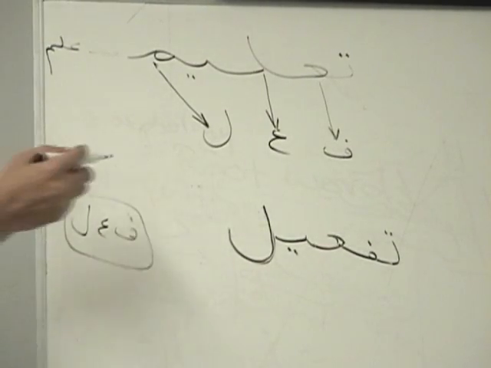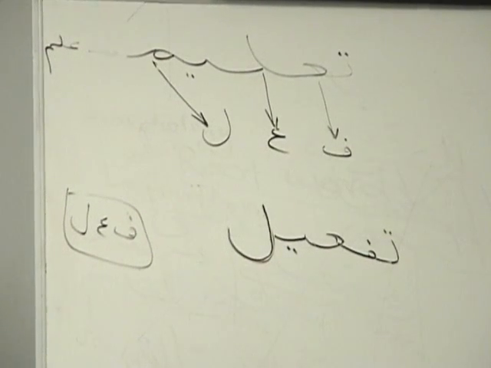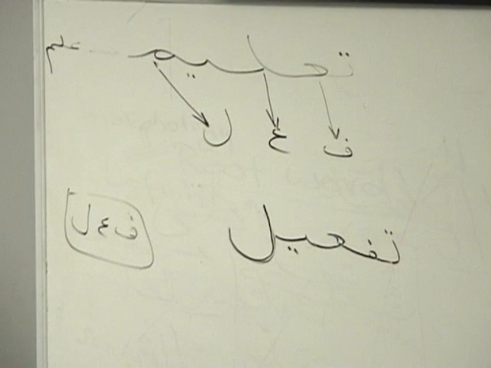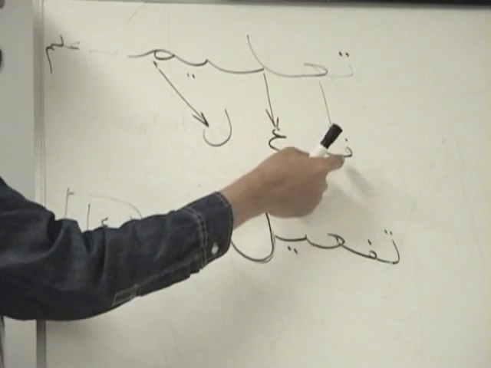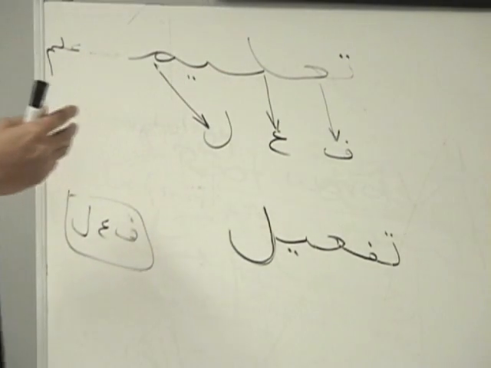So the idea here is that we use fa, ayn, lam to weigh or to scale words, and anything that falls on fa, ayn, lam is part of the root word. Anything out of it will not be root word. But you don't know now how you know, for example, that ta doesn't fall on fa, that ta is not the original root word, or that ya is not part of it.